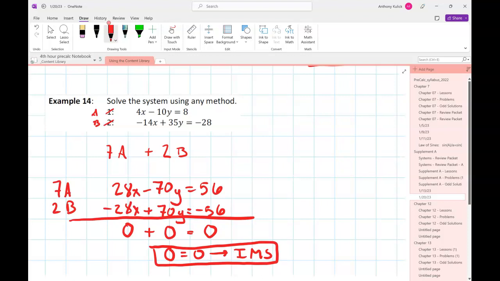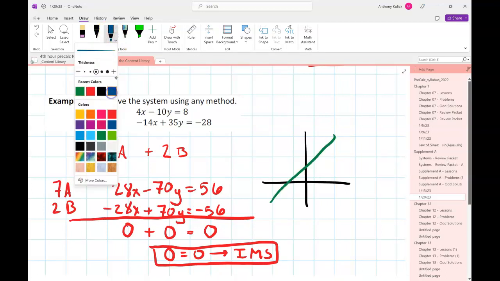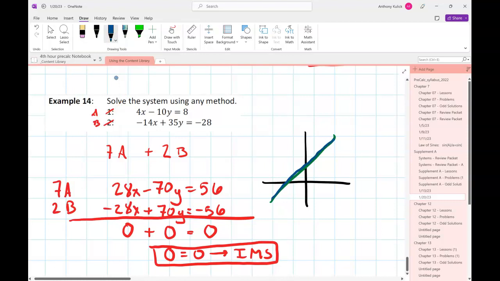No, right? Remember, graphically, what this looks like is that equation A is this line and equation B is the exact same line. So it'd have to be some point on this line. Now there's infinitely many points on that line. That's why there's infinitely many solutions.